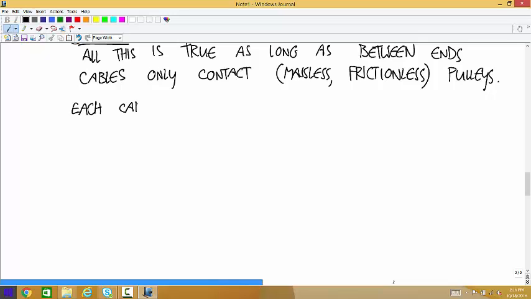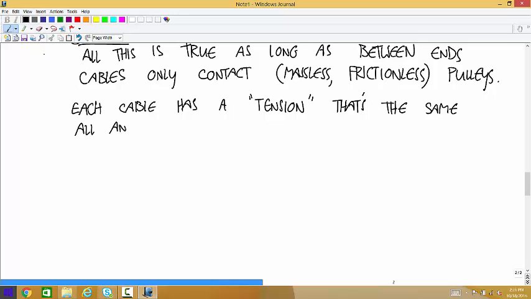So each cable has a tension that's the same all the way along its length.